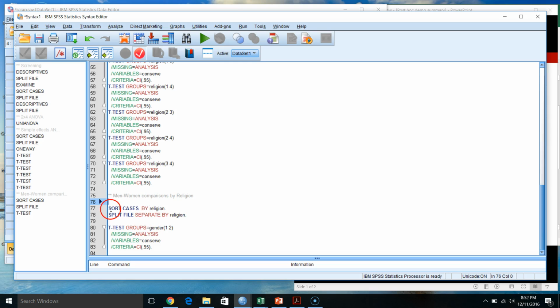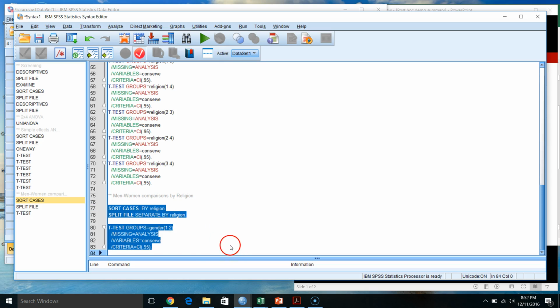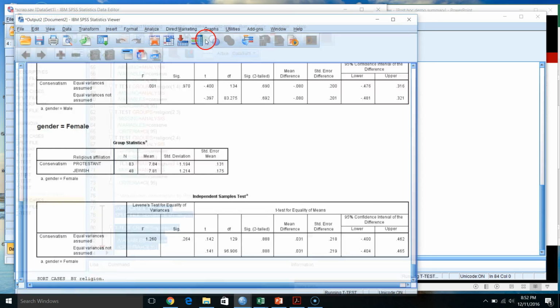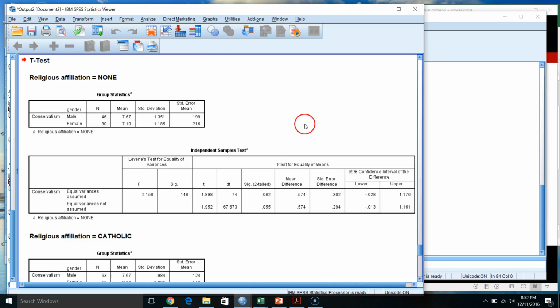Male-female comparisons by religion. Okay, we're going to go through and sort by religious group and compare men and women on conservatism. Run that. All right.